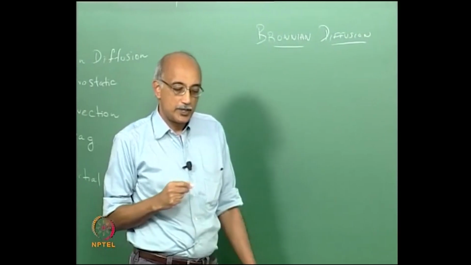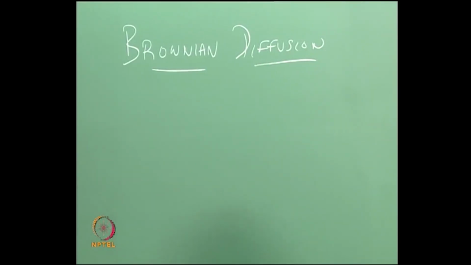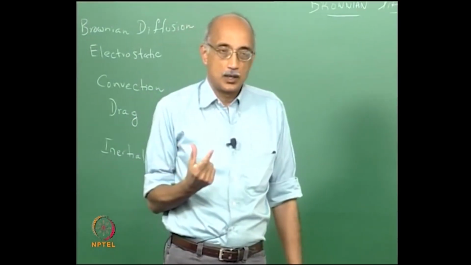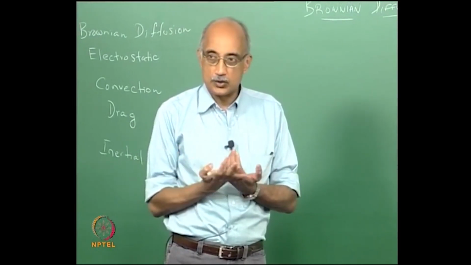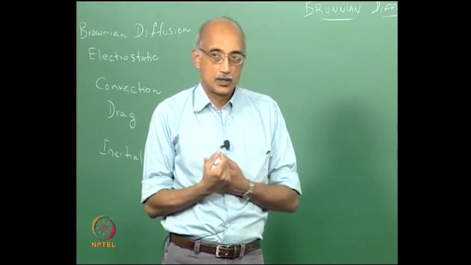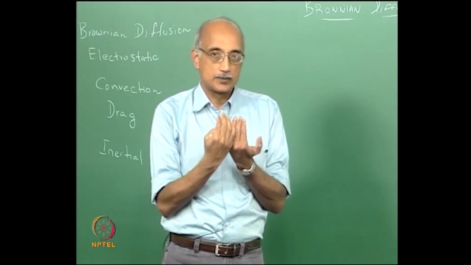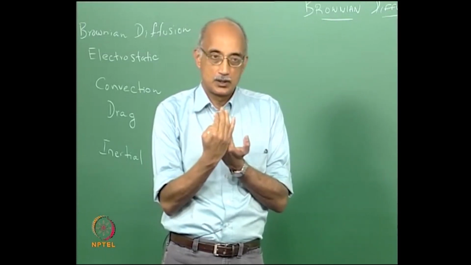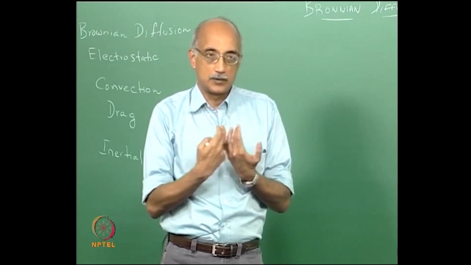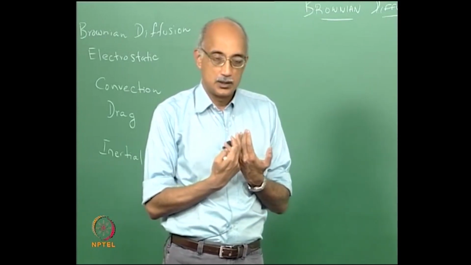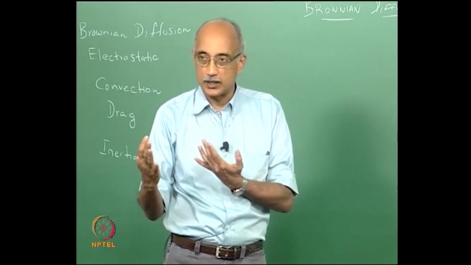Now, I am sure you are all familiar with thick diffusion of vapor molecules, and it happens by what is known as a random walk process. When two adjacent molecules hit each other, they exchange energy and they rebound and move in different directions.